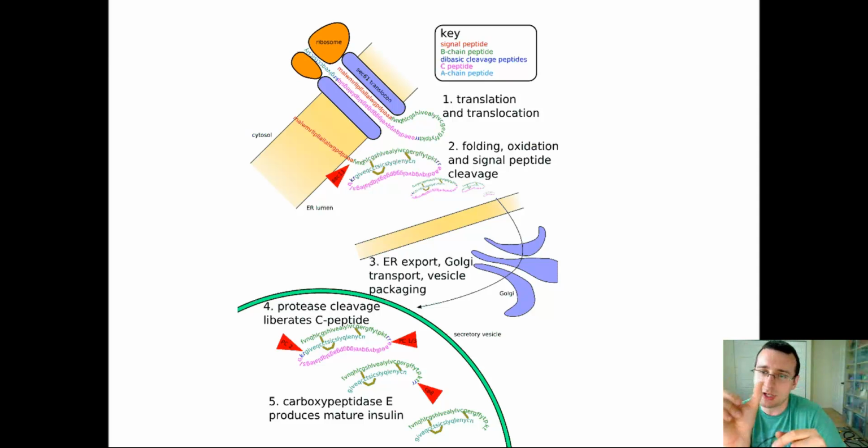The signal sequence is actually going to be cleaved, so you see how you can remove the extra stuff, and then the protein is going to go through the rough ER for export to the Golgi, packaging to a vesicle, and then sent out of the cell through that vesicle.